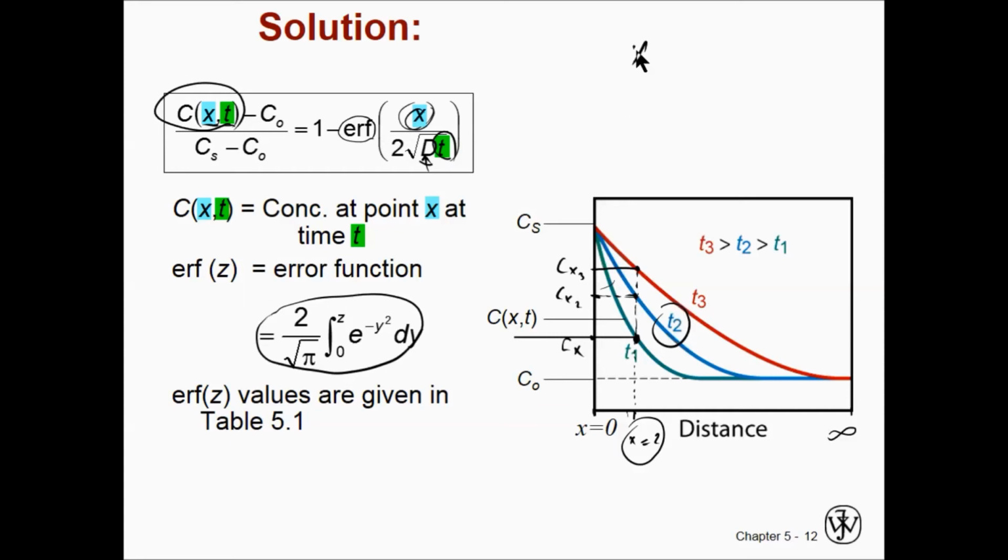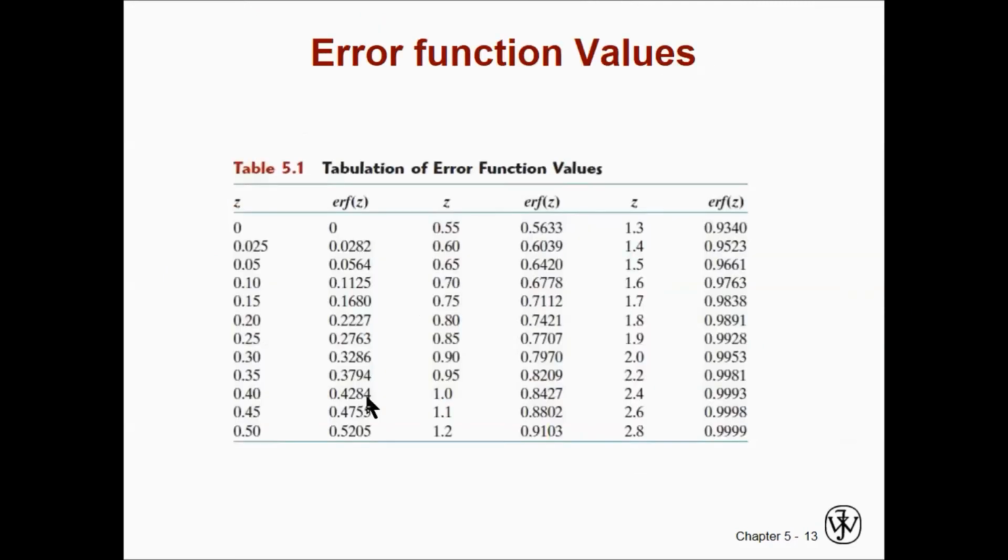So here, instead of x over 2 root Dt, we will say that this equals z. So error function of z equals some value given by this equation. Instead of doing this complicated integral, we are given ready calculated values from the table. So instead of doing this calculation, you can read values from this table.